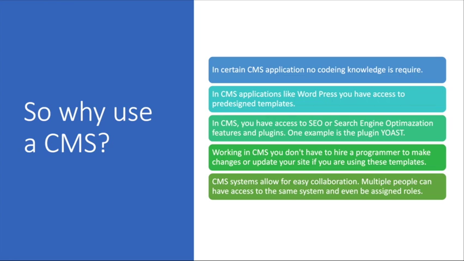CMS systems also allow for easy collaboration, especially in GitHub. Some of you who are utilizing GitHub are probably noticing that you can have people all over the globe utilizing the same system and still be able to push to the web. So collaboration really becomes easy. You can do it at any time, any day, different places.